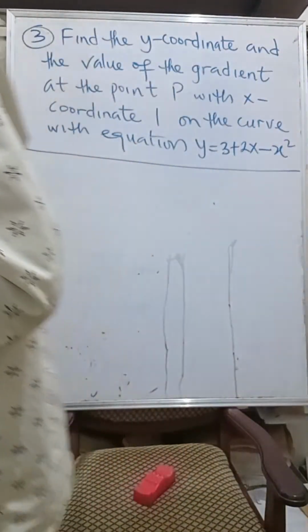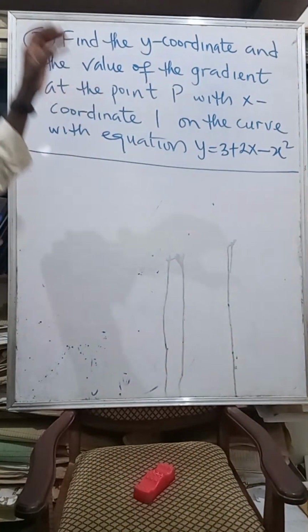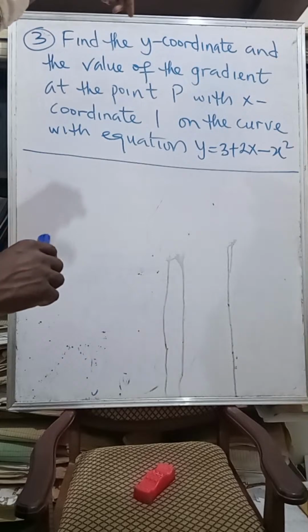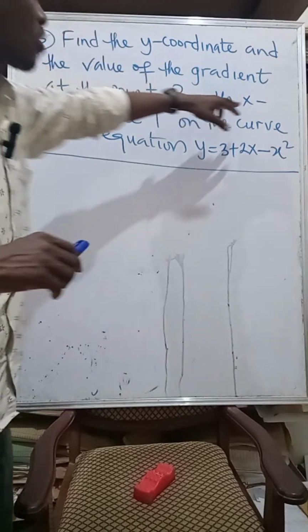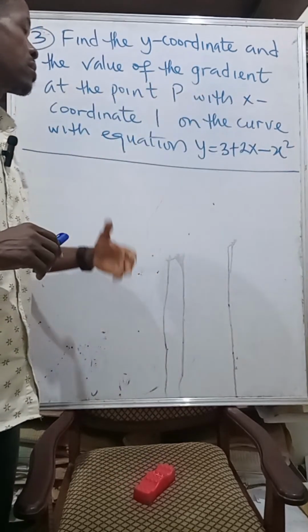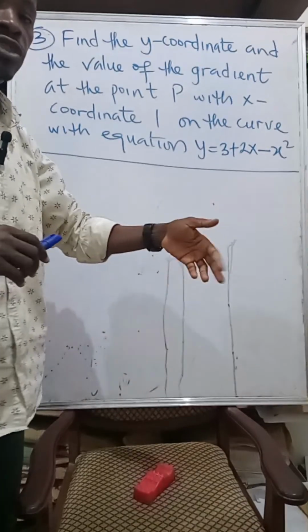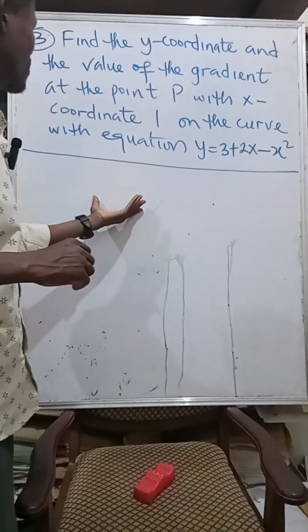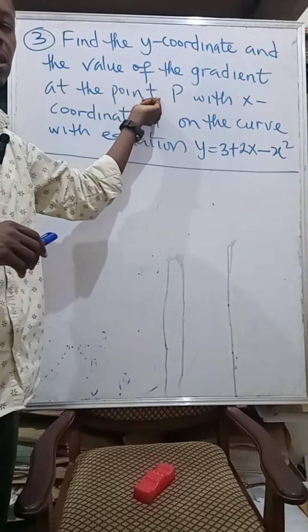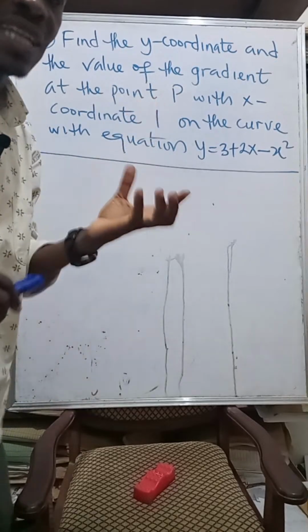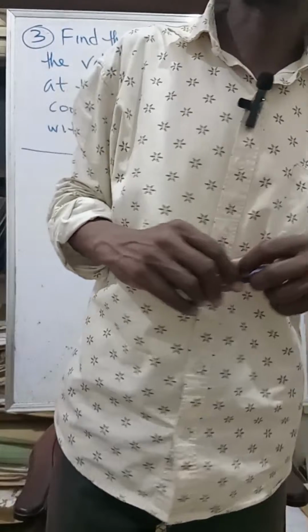We're trying to find the y coordinate; we know the x coordinate is 1. Then we're trying to find the gradient at that point P, which is dy/dx.